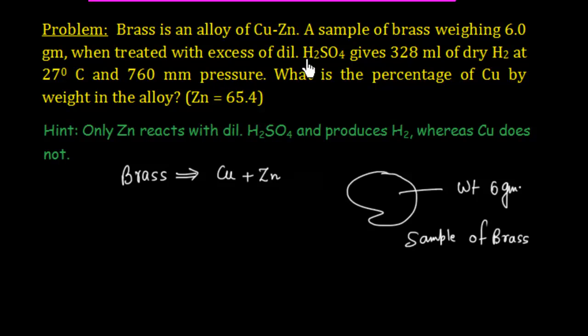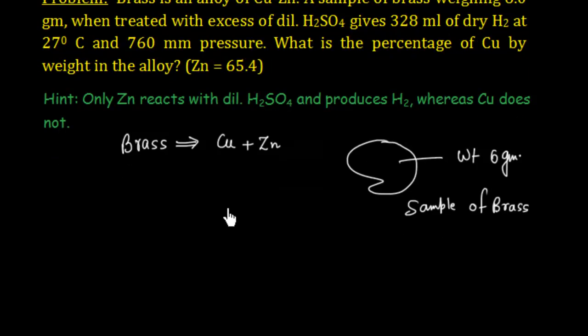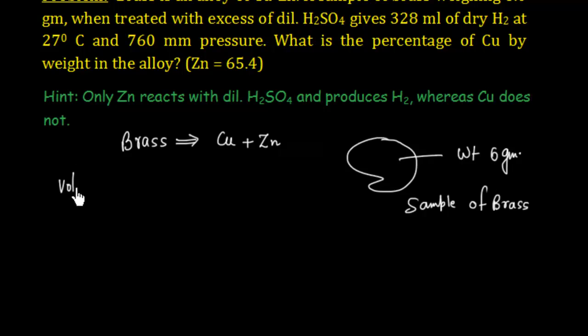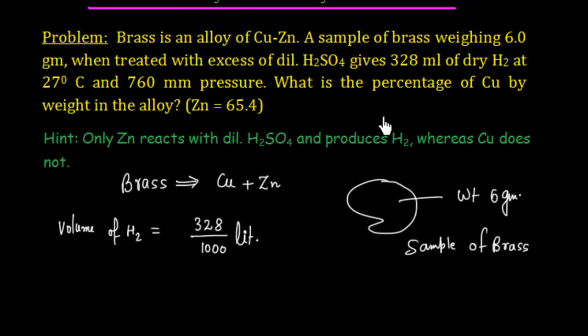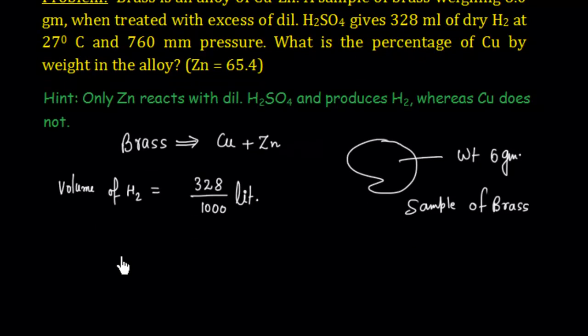Treated with excess of dilute H2SO4 gives 328 ml of dry hydrogen. So volume of hydrogen evolved, that is 328 ml. So if I convert into liter, this is 328 by 1000 liter at 27 degrees centigrade.